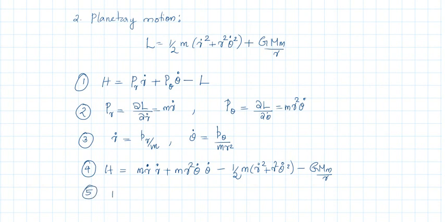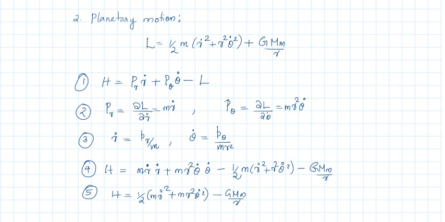So this becomes H is equal to m r dot square minus half m r dot square, that becomes half m r dot square, plus m r square theta dot square minus half m r square theta dot square. So it is half m r square theta dot square minus GMm by r.